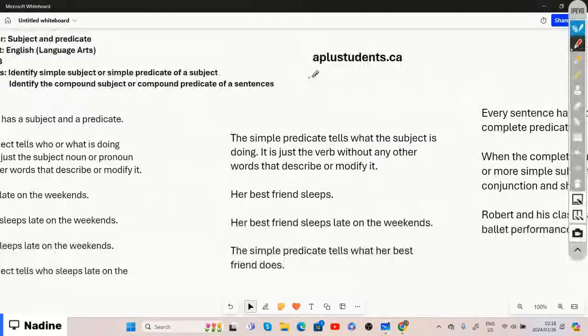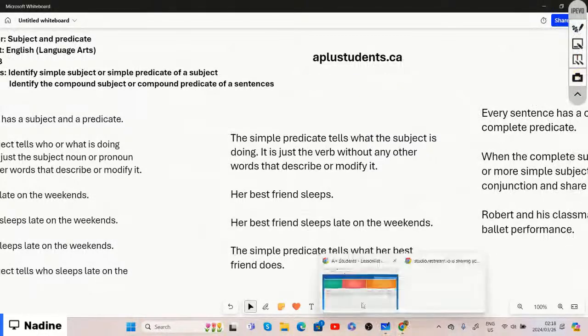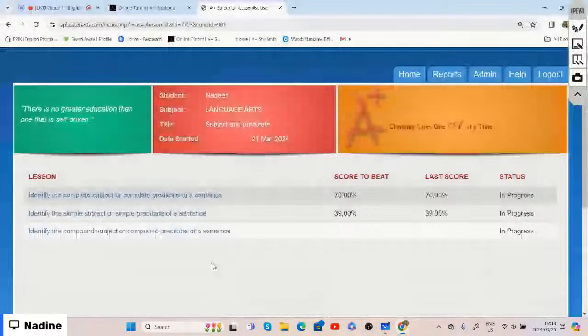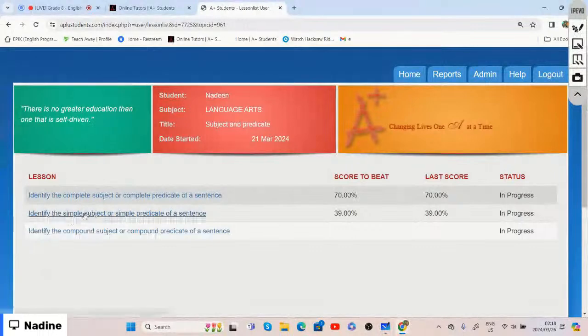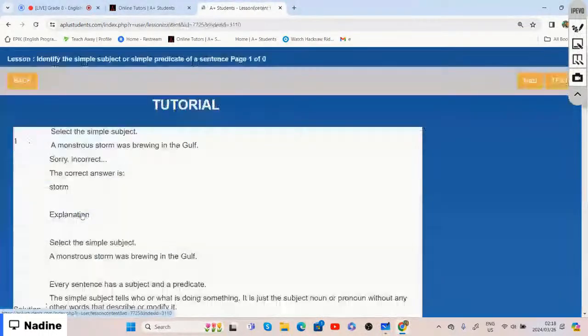And we are doing a tutorial lesson on aplusstudents.ca, right? So now let's go to aplusstudents.ca and we're going to do our two lessons as well as our test. So we're going to the first lesson, which is to identify the simple subject or the simple predicate of a sentence.